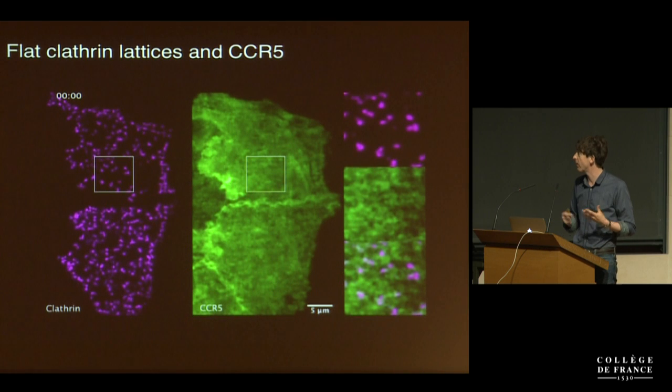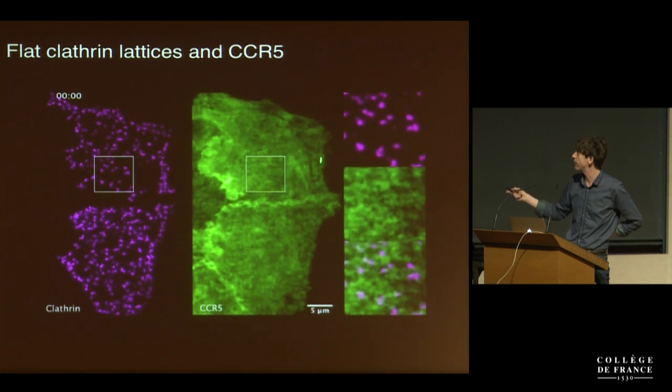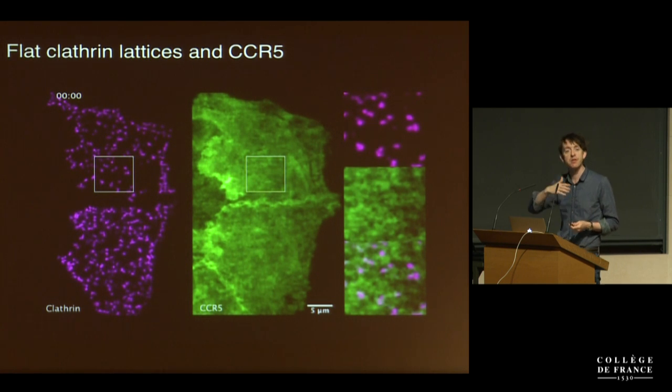So we studied this in relation to our clathrin structures. Again, we have clathrin in magenta, and then antibody labeled CCR5 in green. And this box here is just zoomed in these panels here. I took a frame every 30 seconds for an hour, directly prior to treatment with ligand.